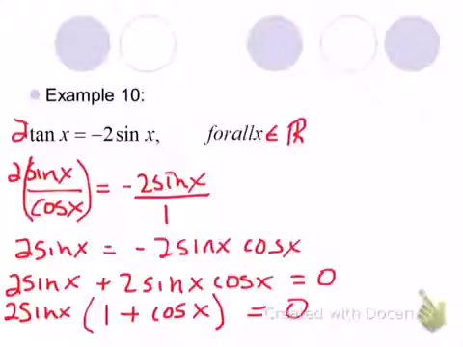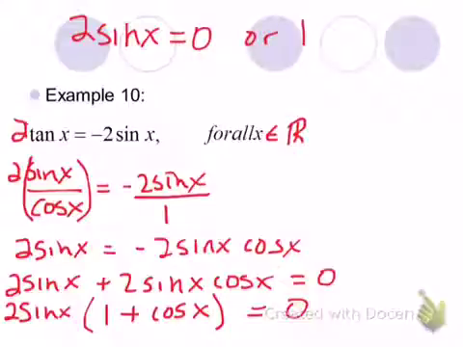No. Okay, so let's take 2 sine x equals 0 or 1 plus cosine x equals 0, because of the zero product property.